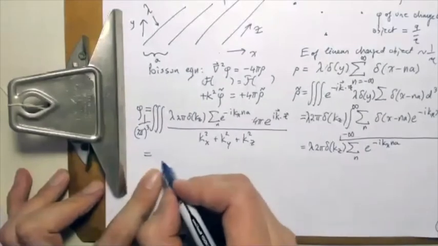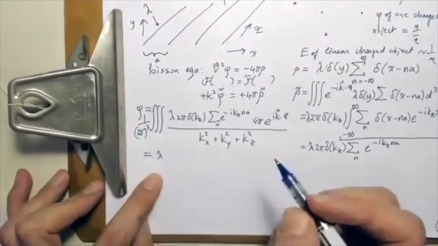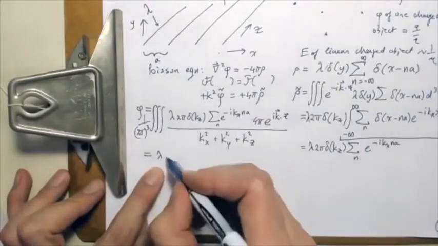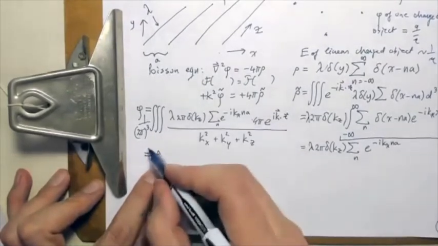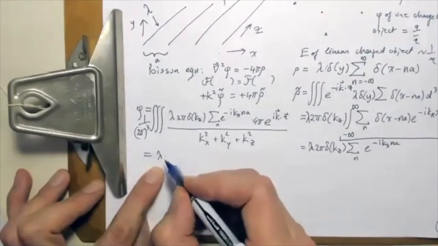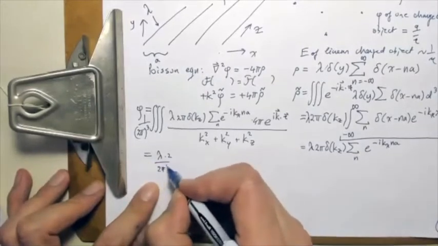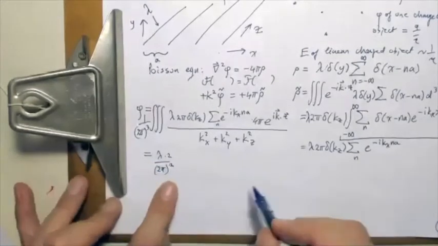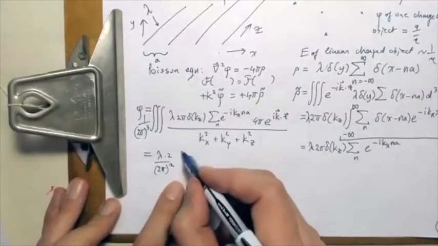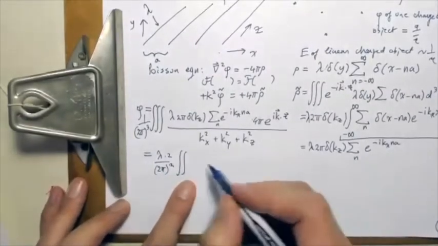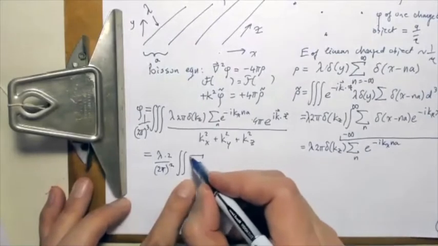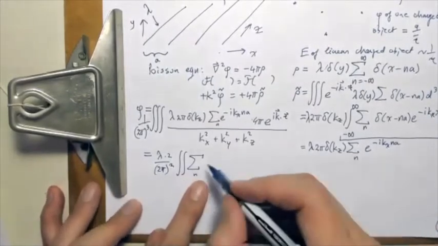So we have only a lambda, and then there's a 4π over (2π) squared. So let me see, that becomes times 2 over (2π) squared. And then it's 2 integrals and still a sum over n.